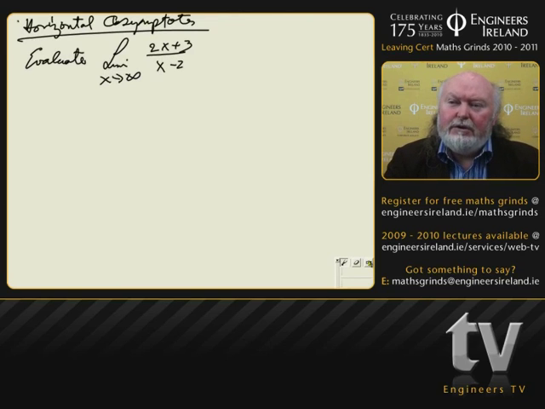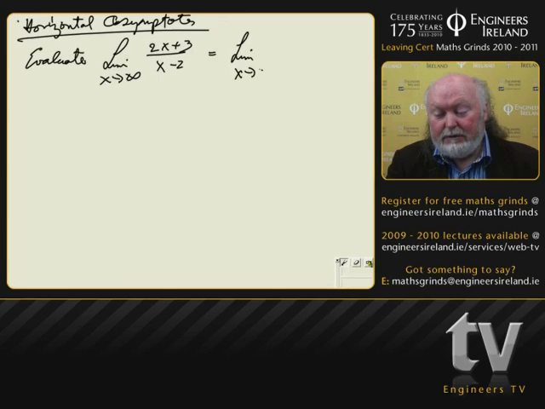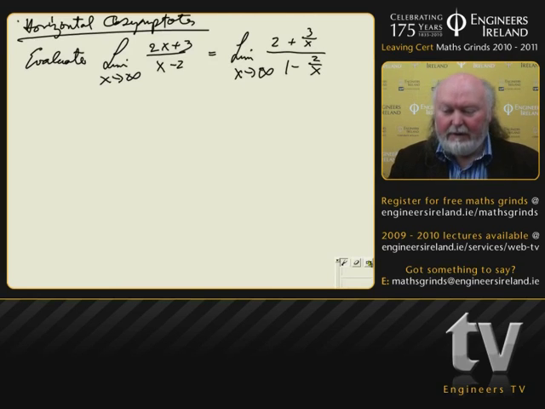I would ask you to revise the stuff you covered on limits when we were dealing with series and sequences. What you will know from this is you look at the x values, you find the biggest power, and if the biggest power is at the bottom, and in this case it happens to be the same top and bottom, you can divide through by it, so we'll say it's the limit as x goes to infinity of 2 plus 3 over x all over 1 minus 2 over x.